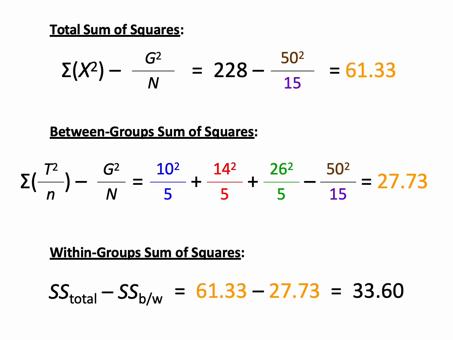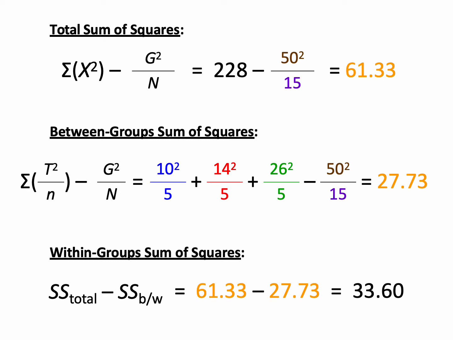Our total sum of squares, that whole column of X squared, was 228, and then we subtract G squared over N. G is just the total of all of the scores, the total of that X column across the 3 groups, and that's 50.